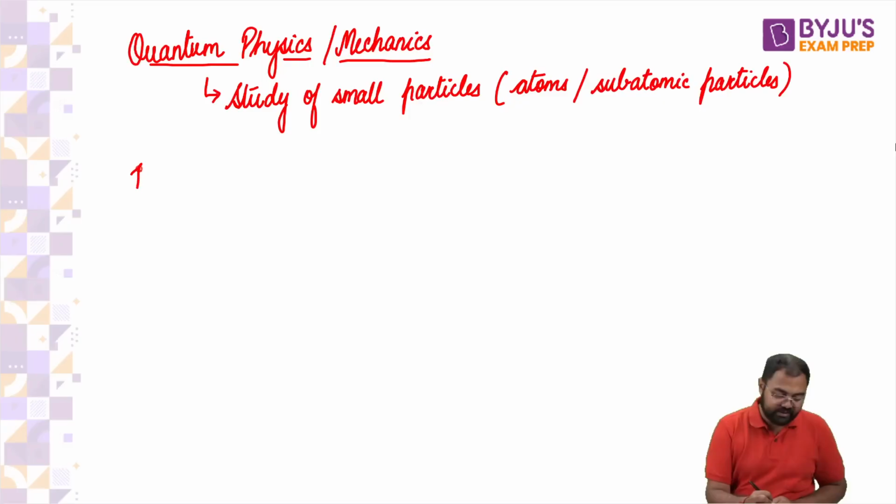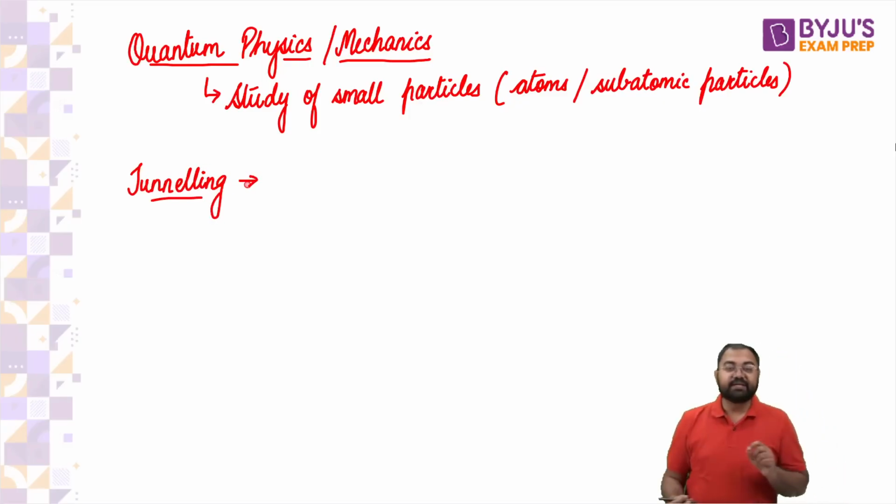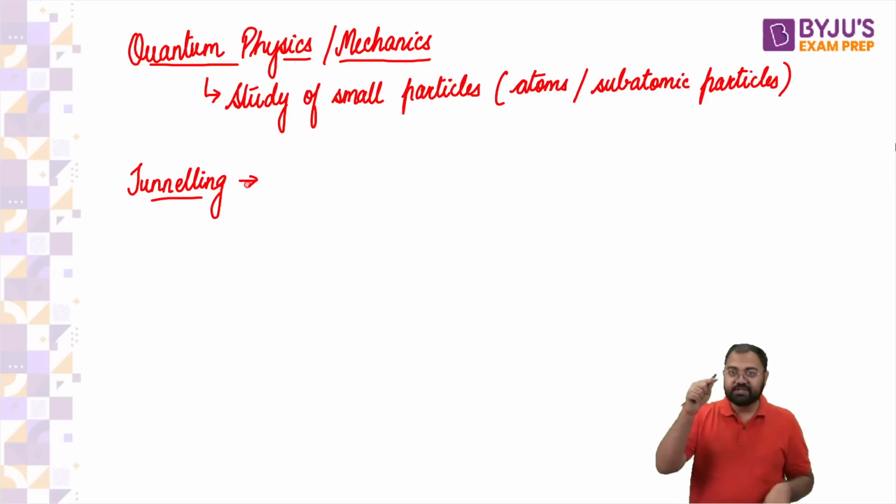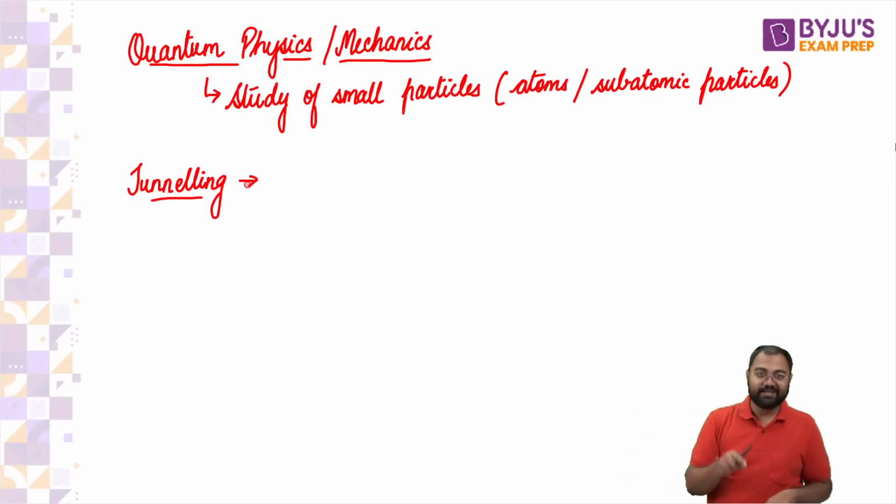So the first one is tunneling. Tunneling is a concept where electrons are able to make a tunnel inside the surface. All right, so that is called tunneling.